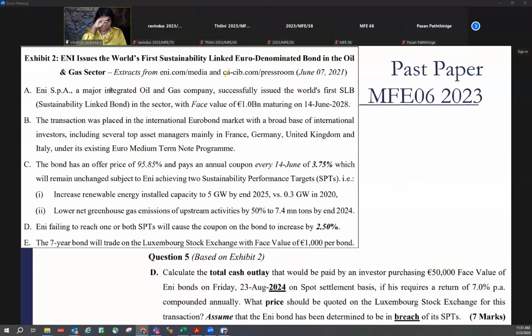So this scenario we actually looked at last time also, if you remember, for those of you who were there. It's a green bond. Remember, when we talked about green bonds, I showed you this scenario. So now we are asking what should be the quoted price on the Luxembourg Stock Exchange on a certain date.